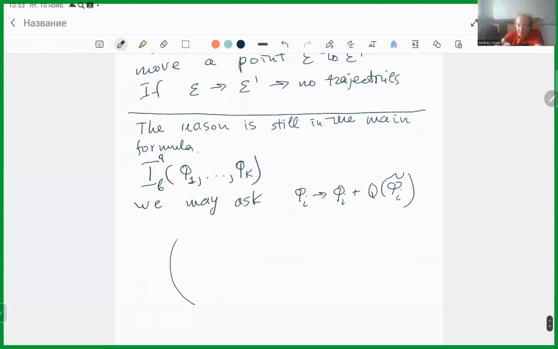Geometrically, it was the following question. Phi I was omega, in this case phi was omega associated to the point E.